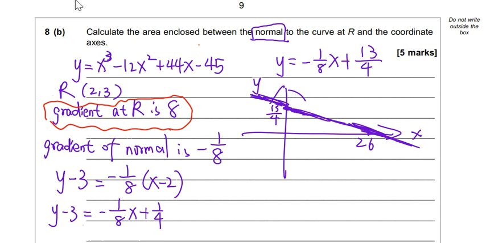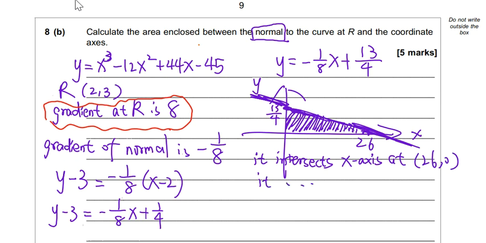And we want to find the area enclosed by this normal line, the x-axis and the y-axis. So it means this shaded area, right? We now know that the normal line has this form, so it intersects the x-axis at 26, 0, and it intersects the y-axis at 0, 13 divided by 4.